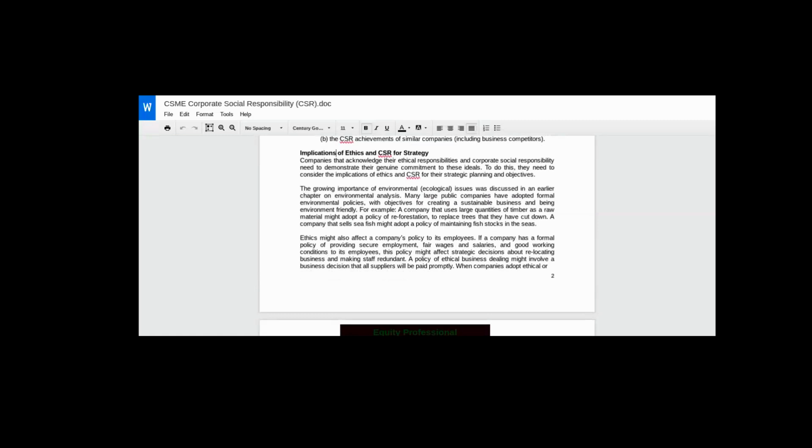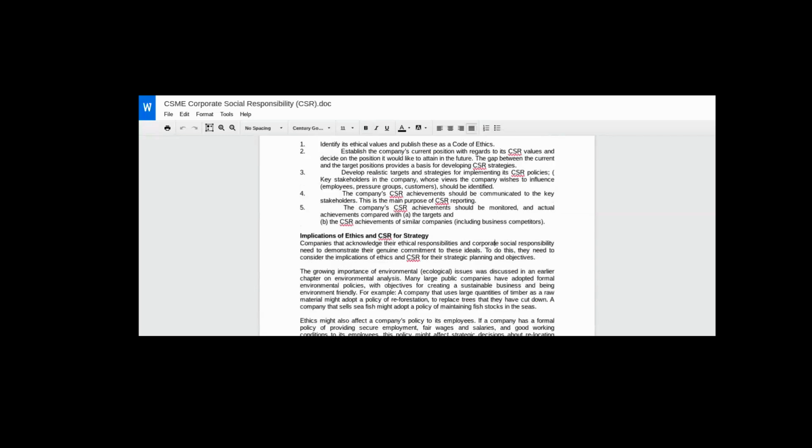So the implication of CSR is that, 1, I want to give you one clue there: corporate social responsibility needs to demonstrate genuine commitment. Meaning that one of the basic implications of CSR is that it promotes genuine commitment to the company's social responsibility. It shows the genuine commitment of the company to their vision and mission statement.